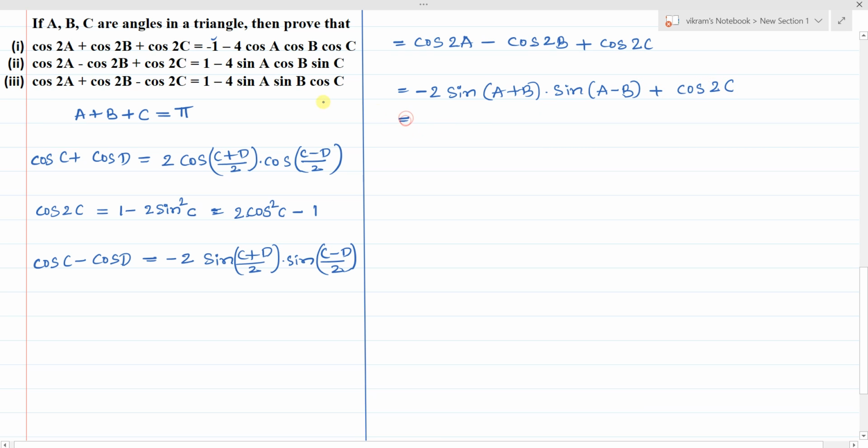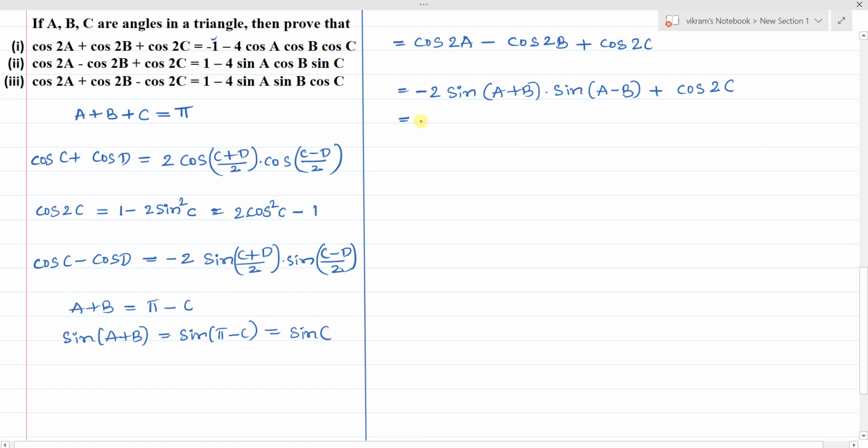Here in the option we have the plus 1, so by the formula for cos 2C, to replace it with the plus 1 it is better to use 1 minus 2 sine square C. And we can write A plus B as pi minus C, and if we apply sine, sine of (A plus B) can be written as sine of (180 minus C), which is nothing but sine C only.